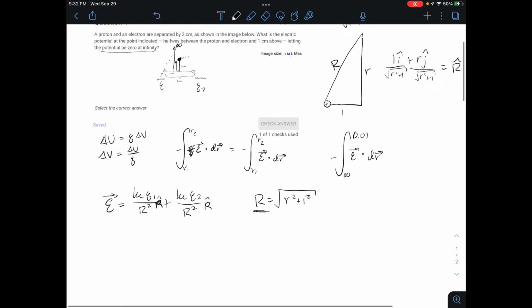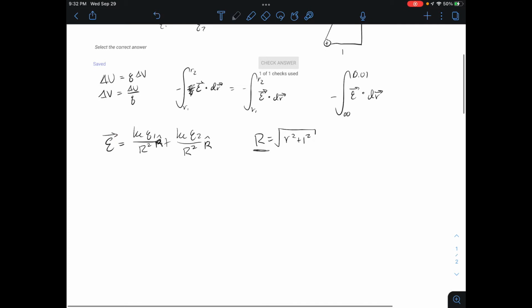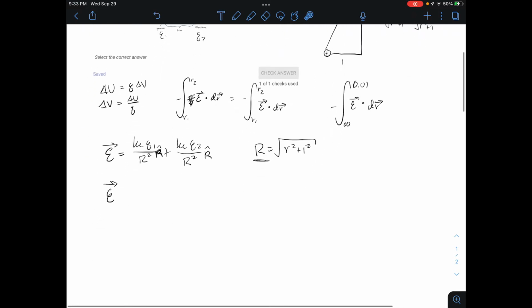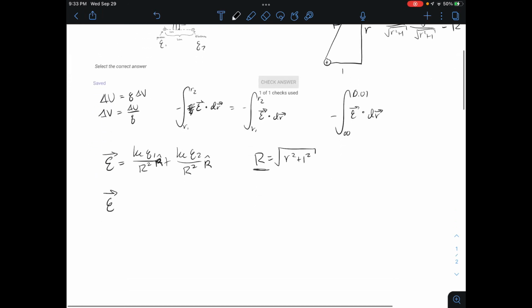So now we have most of the pieces to fill in this equation for our electric field. I said this one was going to be positive because it goes in the positive x direction. But the other one is going to be a negative x. That's the only difference between them. I'll write that out, but I forgot to mention that because I was just focusing on the proton for that one.